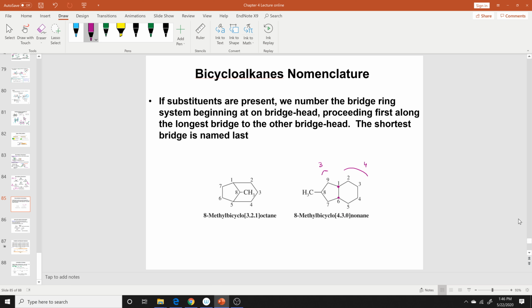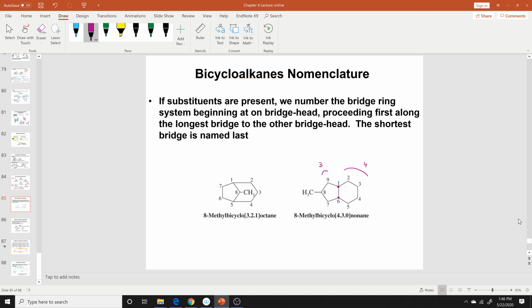I just ignore it. So start always from your bridge head and move along the side cycle that has more carbons in there. If there are substituents and you can give them the lowest number, go ahead and give them the lowest number.